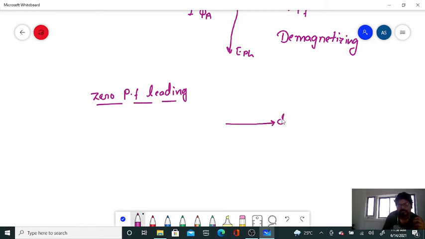There is your main field flux, the induced EMF will be here, and if the load is leading, the current will lead the voltage, and your armature current will be here, and in the same direction your armature flux will also be here. So this armature flux is supporting the main field flux, so the armature reaction effect for the zero power factor leading load is magnetizing.